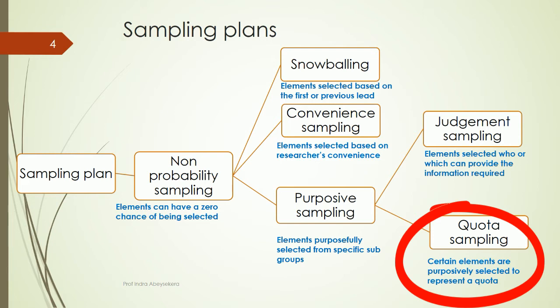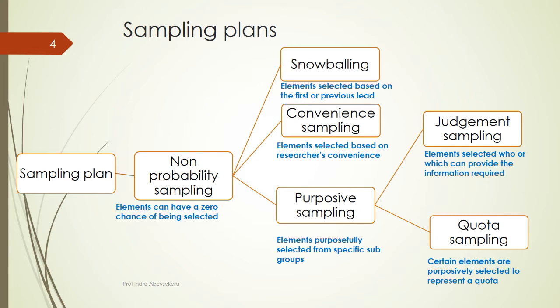Quota sampling will require even that one person to be selected for the sampling plan, because in that way it meets the data requirement for that job category.